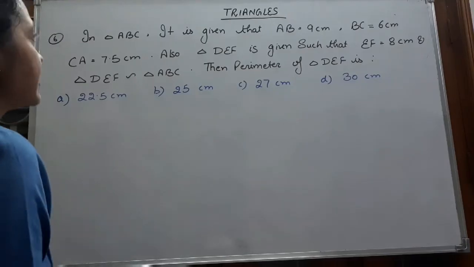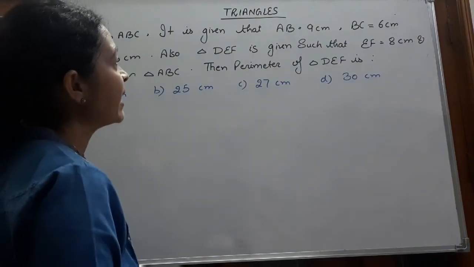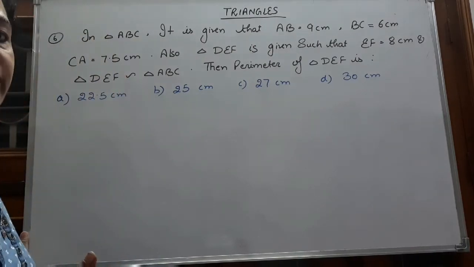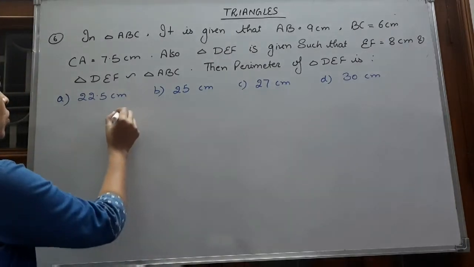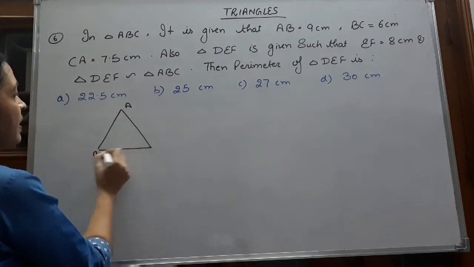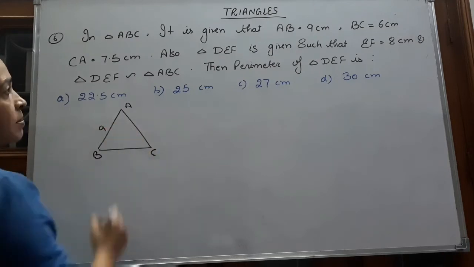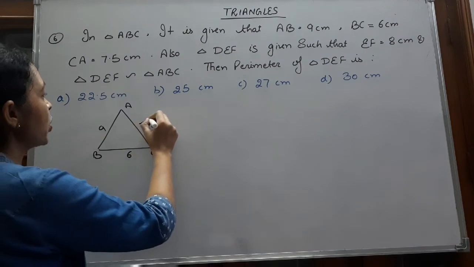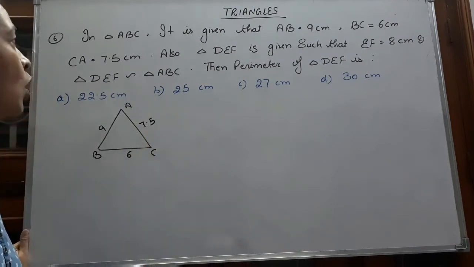In triangle ABC, it is given that AB is 9 cm, BC is 6 cm and CA is 7.5 cm. Let's draw triangle ABC. AB is 9 cm, BC is 6 cm and CA is 7.5 cm.